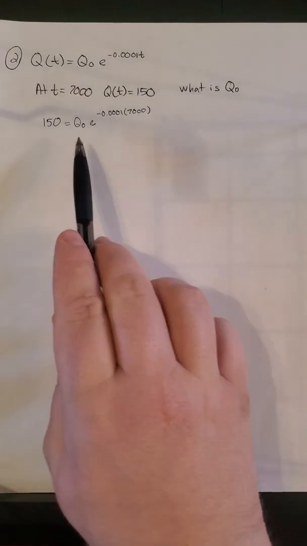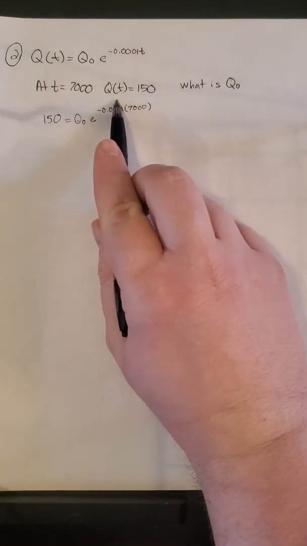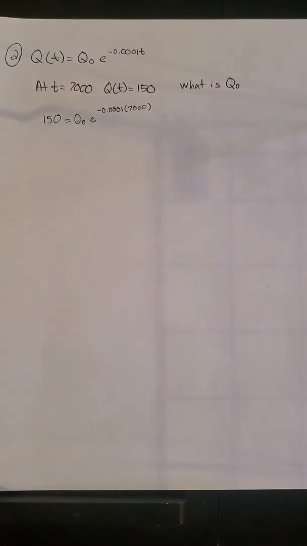The only unknown in this equation now is that. We might think we have to solve this as an exponent equation, using basic logs most likely. So what we can do, real quick, is 7,000 times that decimal, negative 0.0001.